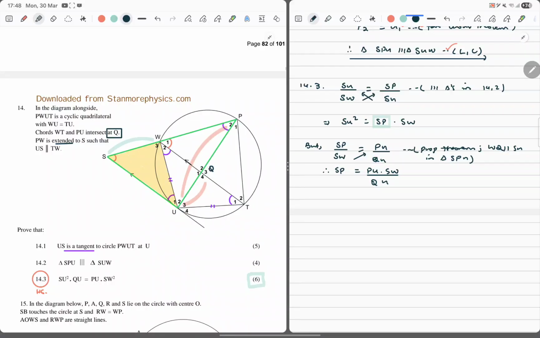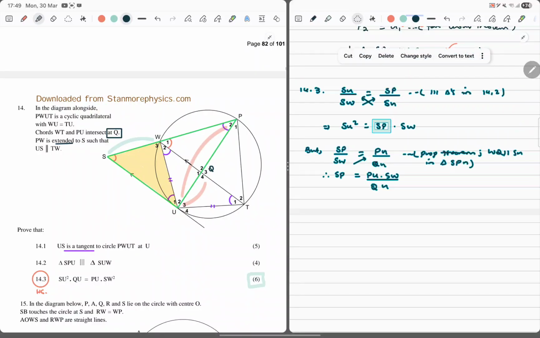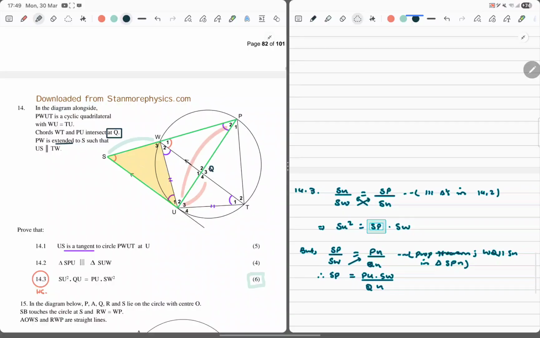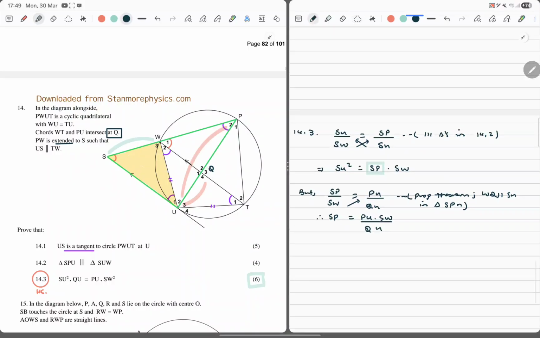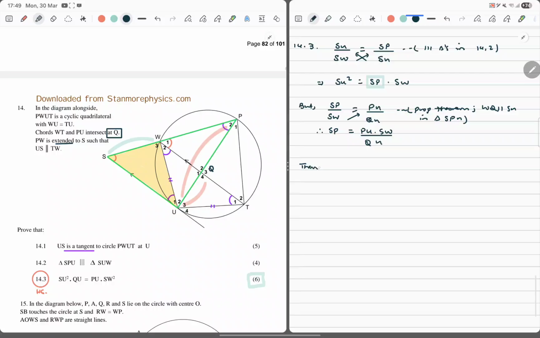Okay, so what do we do now? Maybe let's finish it up down here and let's just take the whole thing so that we have some continuity. Now we have a story to tell: we know that SU squared equal to SP times SW implies that SU squared equals, instead of SP we put PU times SW, then times SW, all divided by QU.